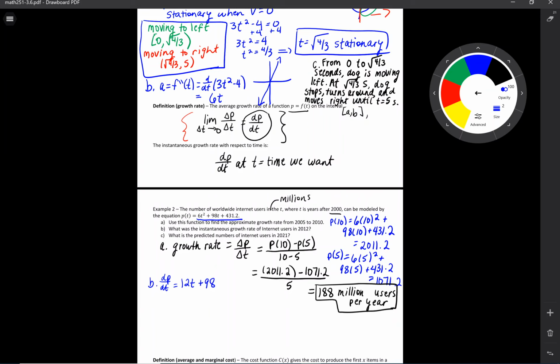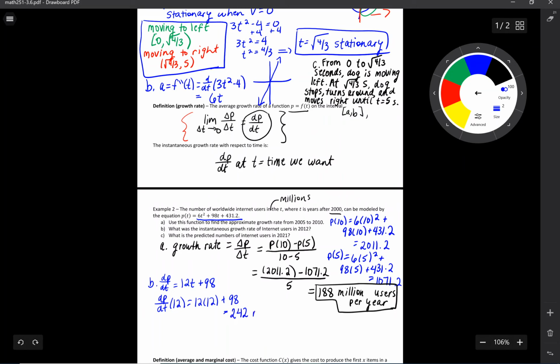Then the instantaneous growth rate in 2012, I just plug in 12 for t. So dp/dt of 12 equals 12 times 12 plus 98, which is 242.